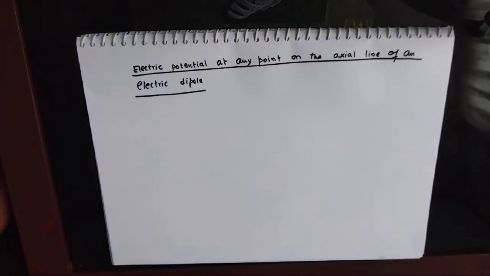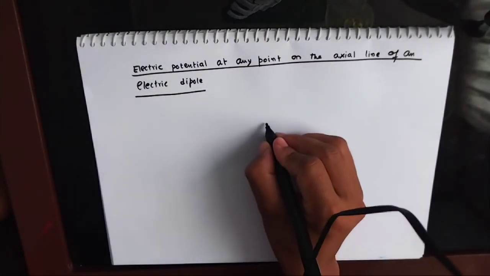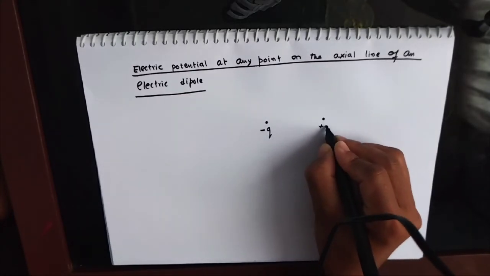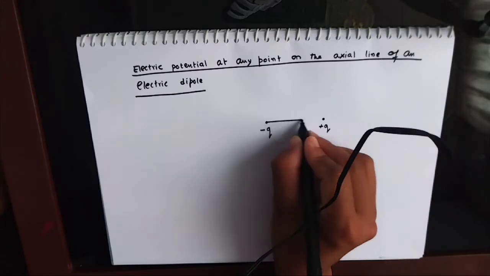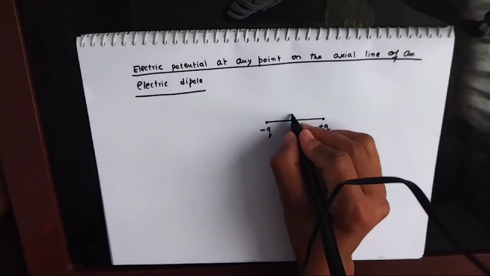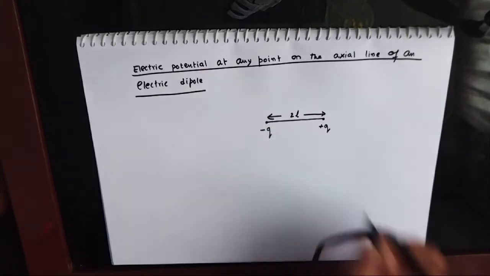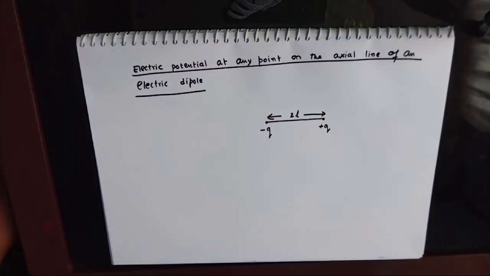So now let us consider a dipole. This one is minus Q, this one is plus Q, separated by a distance 2L. Two charges, minus Q and plus Q, separated by a distance 2L.